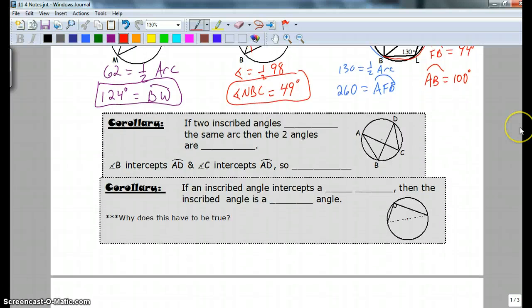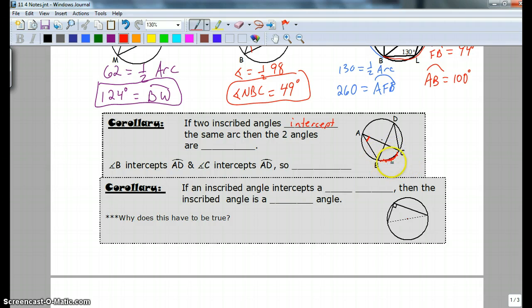It says, if two inscribed angles intercept the same arc, then the two angles are... Let's think about this. Let's look at angle A here. Angle A's rays go and intercept arc BC.